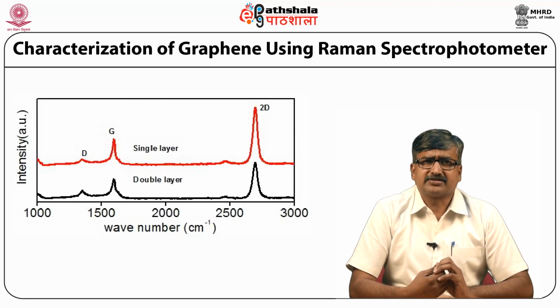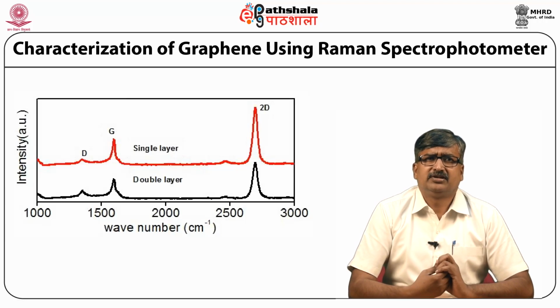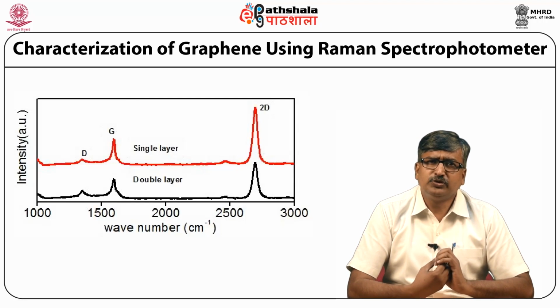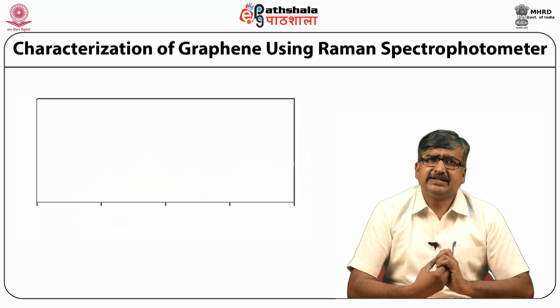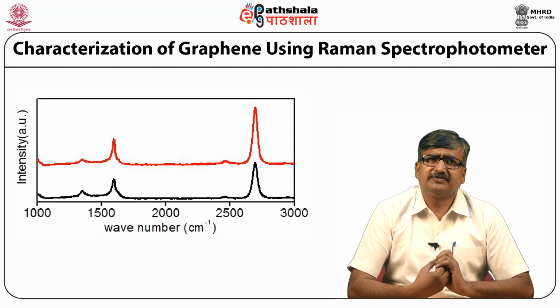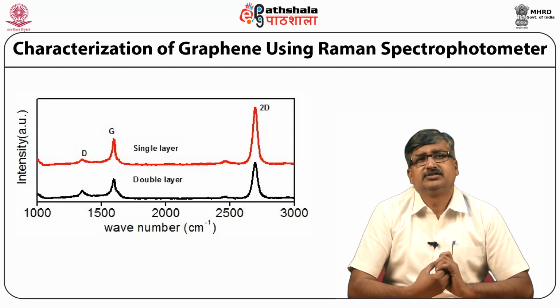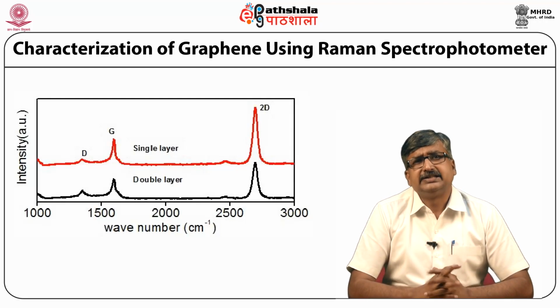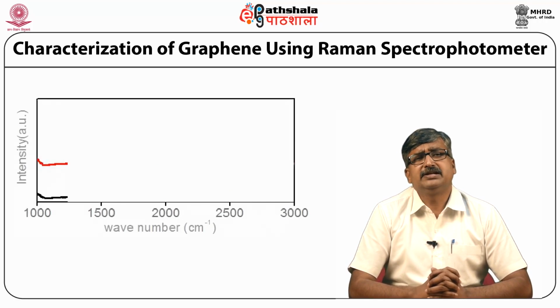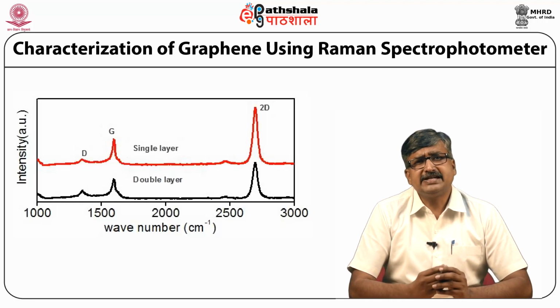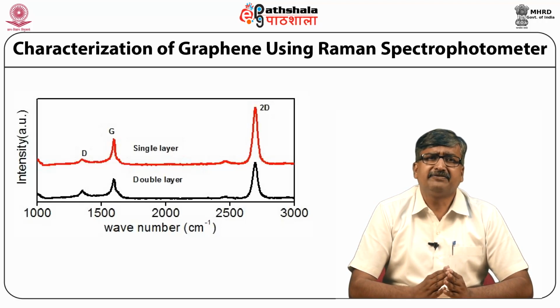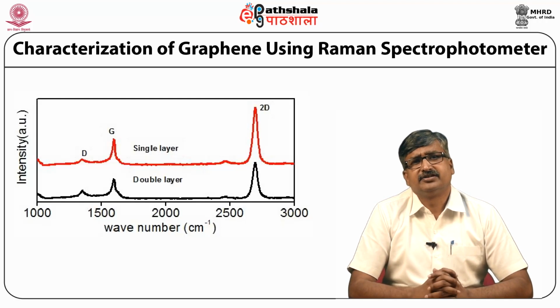There are differences in the band position and the band shape of the G and 2D bands, and the relative intensity of these bands is also significantly different. Clearly, these Raman spectra demonstrate the ability to differentiate between single-layer graphene and graphite.